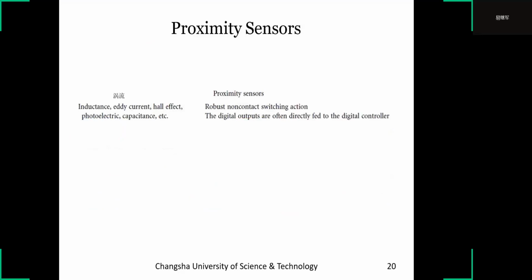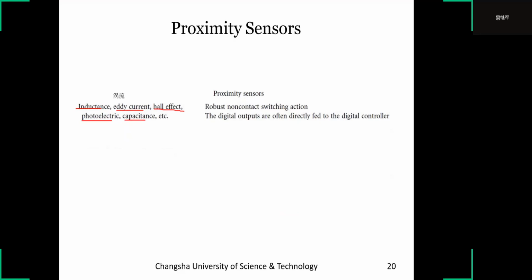Proximity sensors: inductance, eddy currents, Hall effect, photoelectric, capacitance.